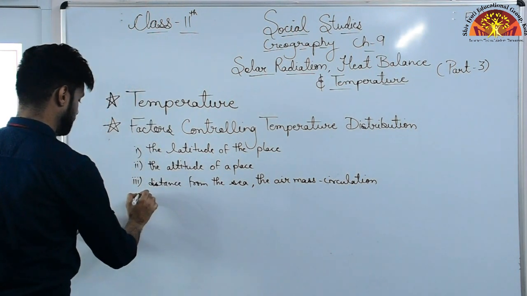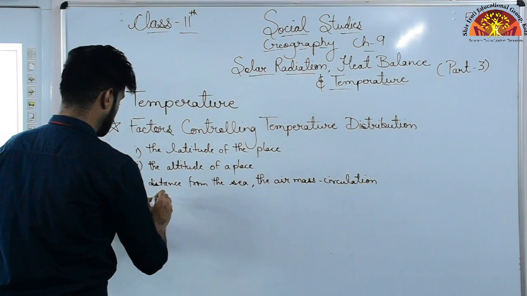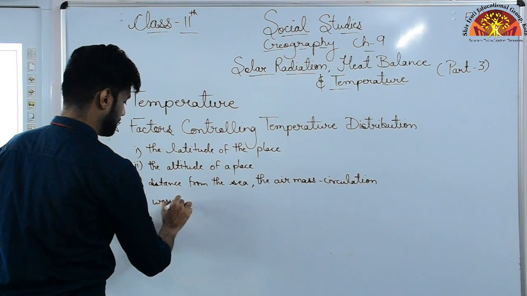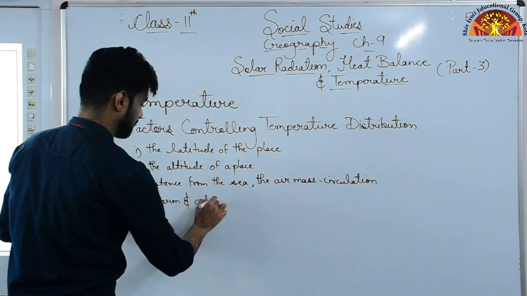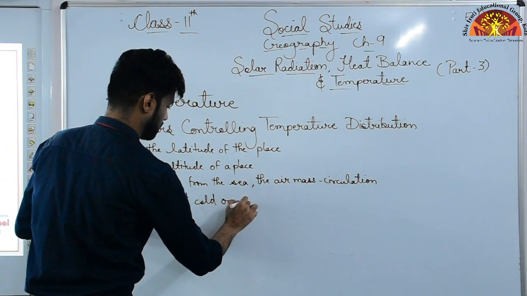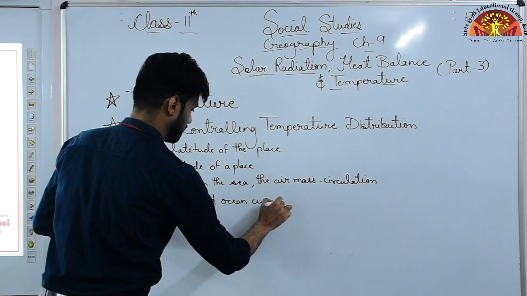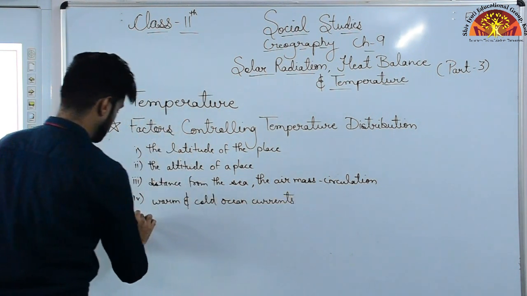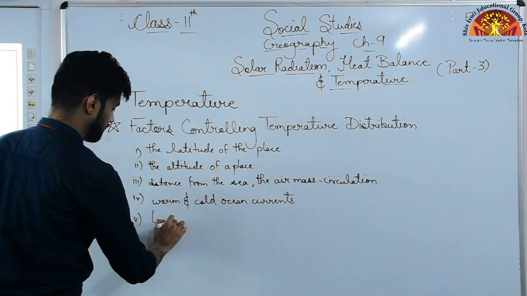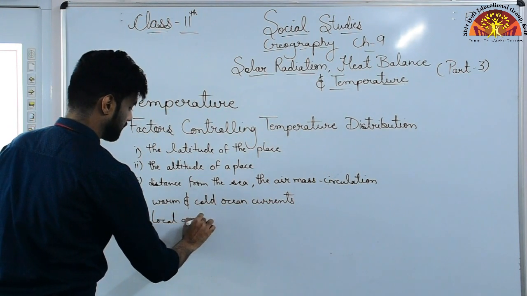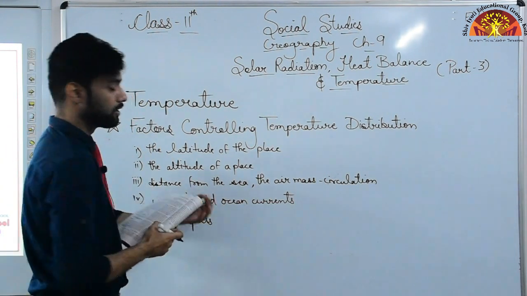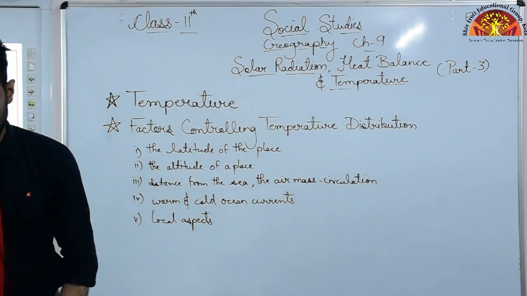Number 4, warm and cold ocean currents. And number 5, we have local aspect. So here are the 5 factors which control the variation in temperature.